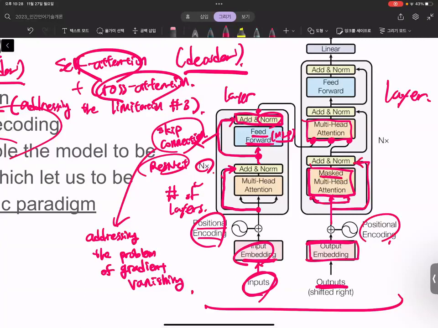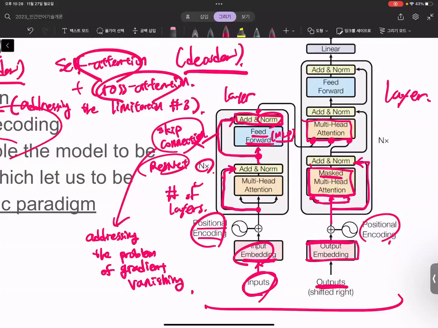Why masked? The reason is that we want to hide the tokens in the next time step.